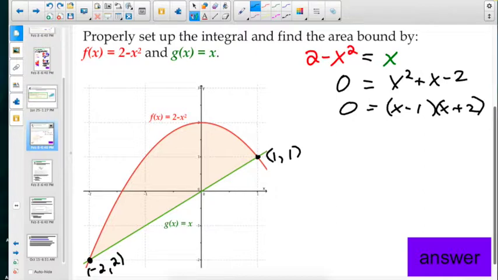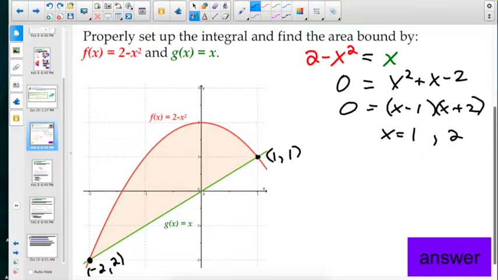We need a plus 1x. So my solution to that quadratic is x equal to 1, right? That's that point. And x equal to -2, when we set those factors equal to 0. And that gets us our points.